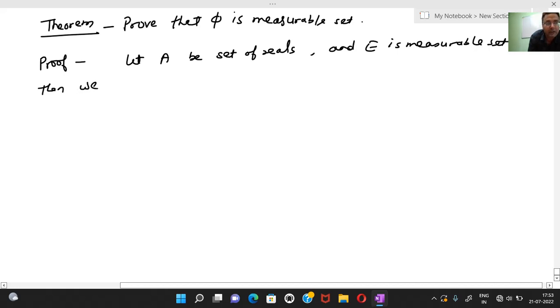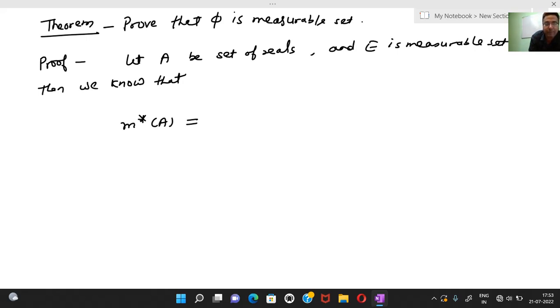we know that the definition of measurable set is outer measure of A equal to outer measure of A intersection E, because E is measurable, and I think you are already aware of this equation.